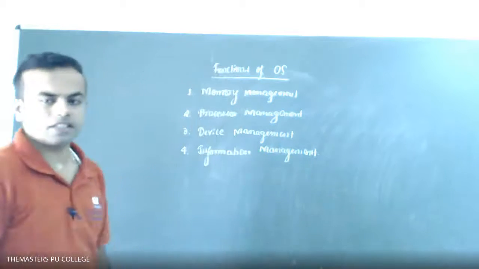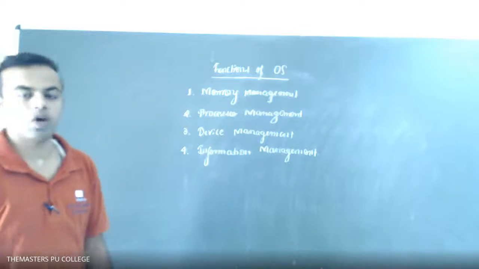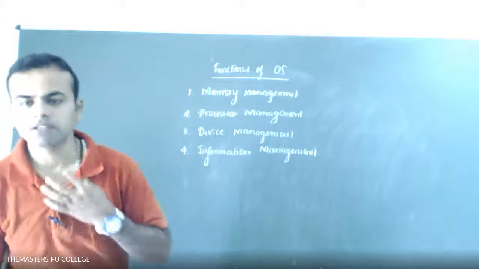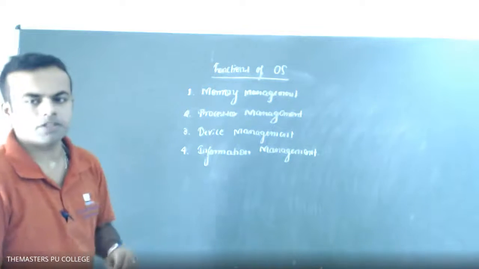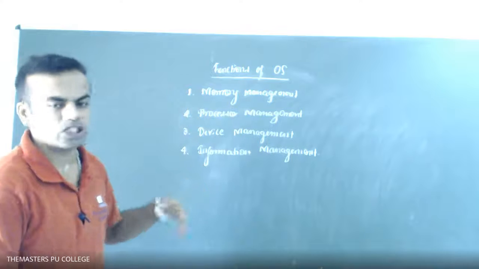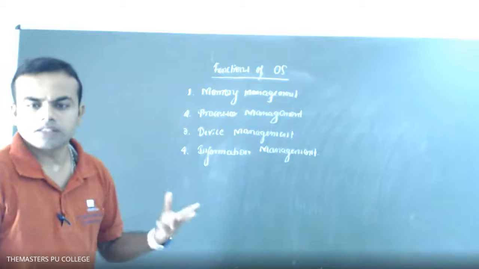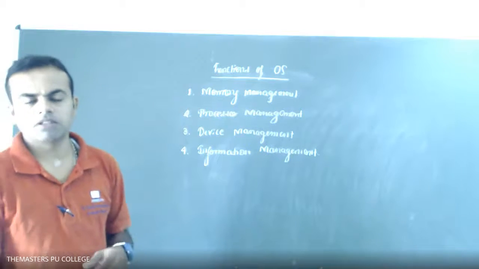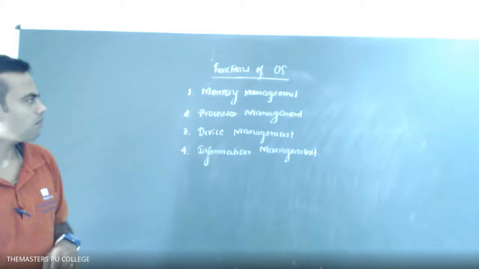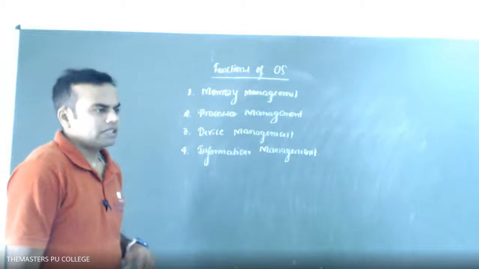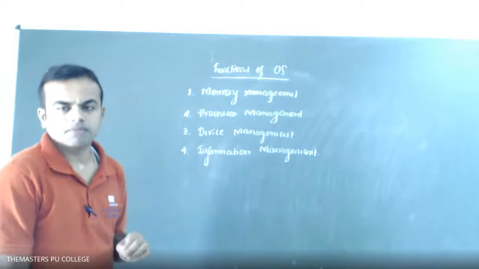Right? Okay, these are the functions of operating system. So what the operating system will perform, right? The first one is memory management. Second one is processor management. Third one is device management, and then finally information management. These are the functions of operating system.